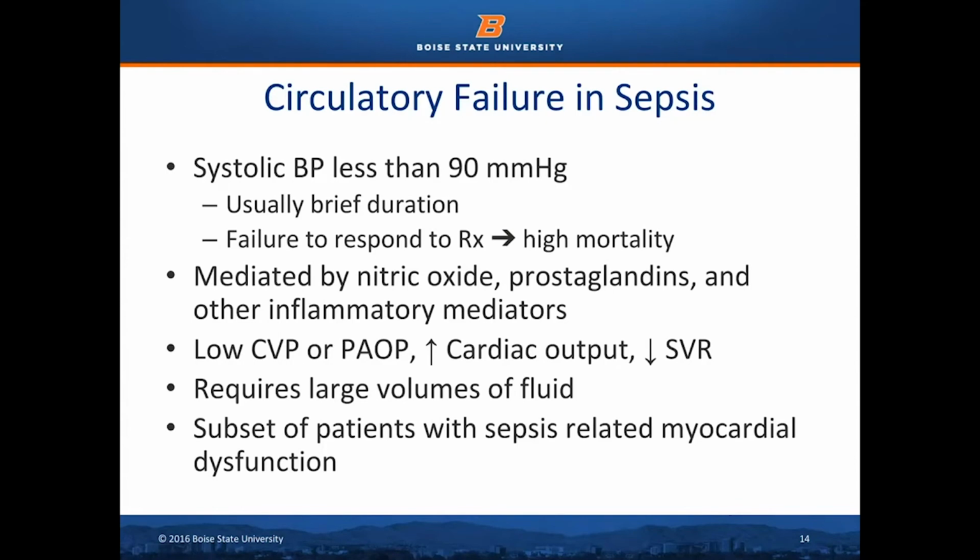It's also important to keep in mind that in a significant percentage of patients with particularly gram-negative sepsis, there are peptides associated with the gram-negative organisms that have a myocardial depressing effect. So you can see a significant component of myocardial dysfunction. You need to look for it and treat it appropriately.